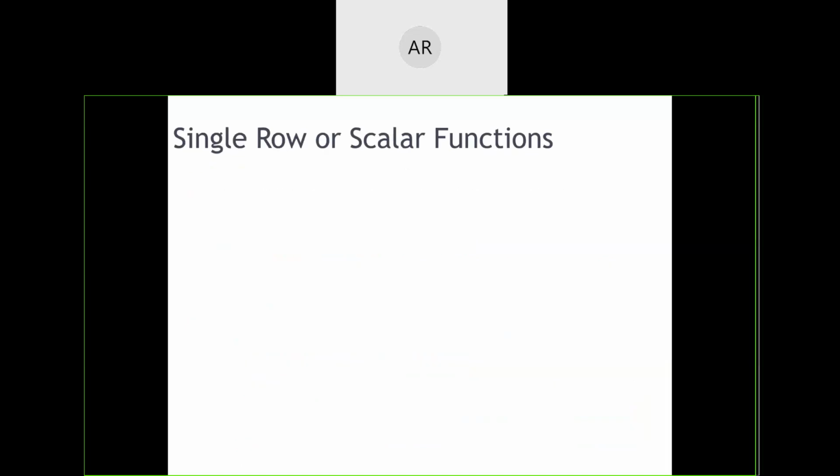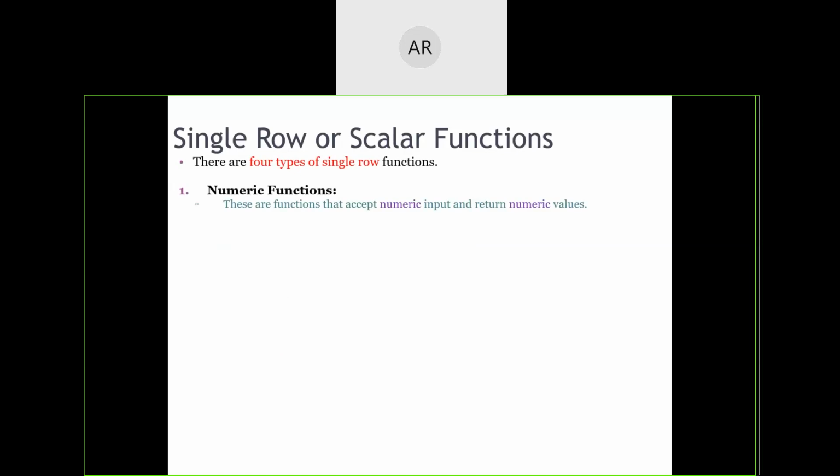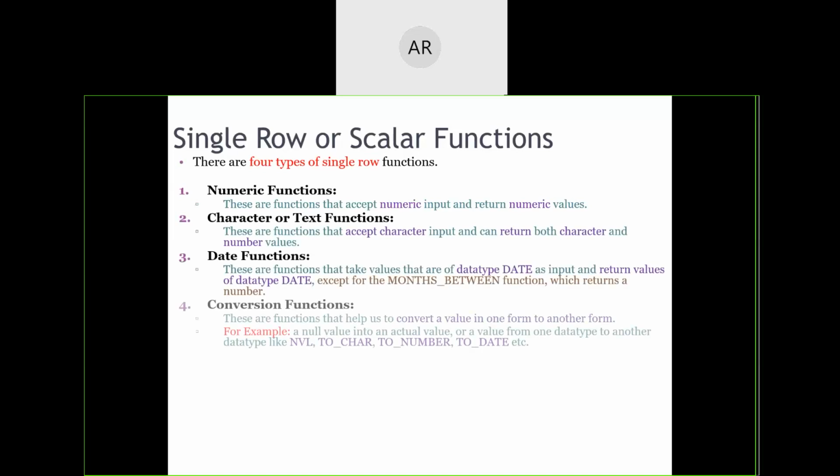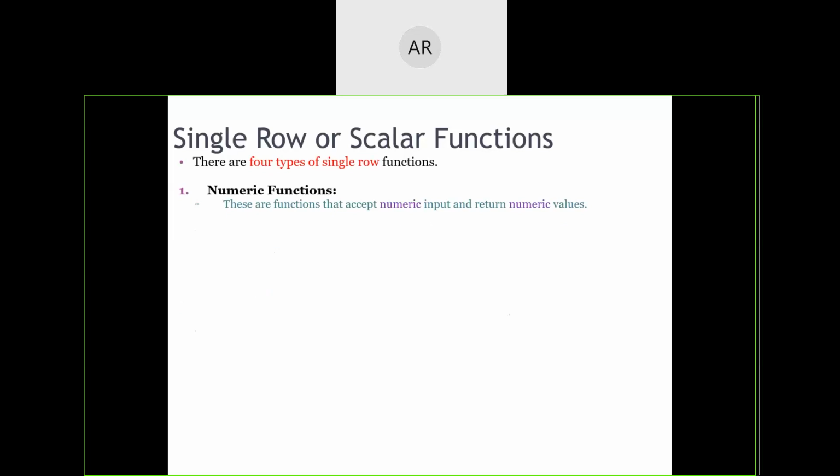Let's try to see what single row functions, or scalar functions, are available in Oracle. There are four types of single row functions. Those are categorized further as numeric functions, character or text functions, date functions, and conversion functions. Numeric functions are those which accept numeric input and return numeric values.